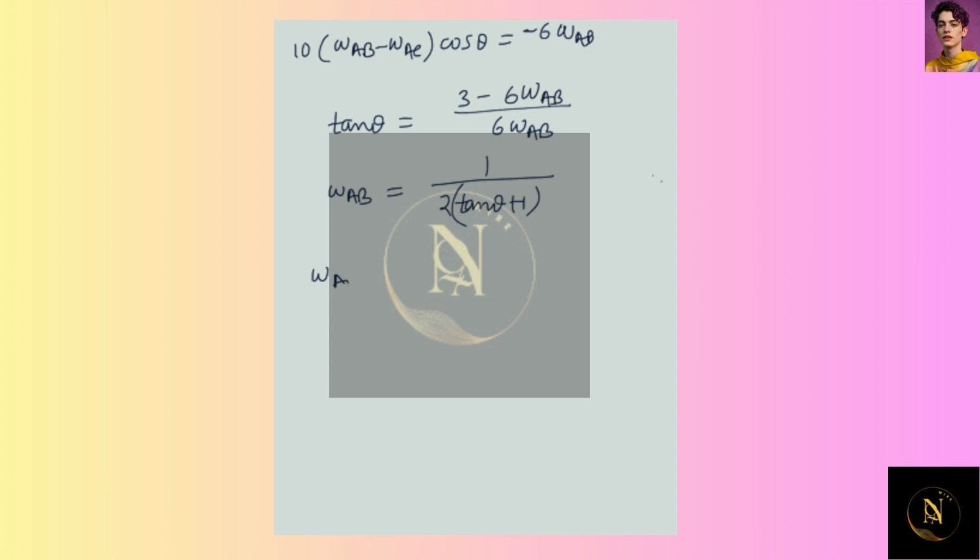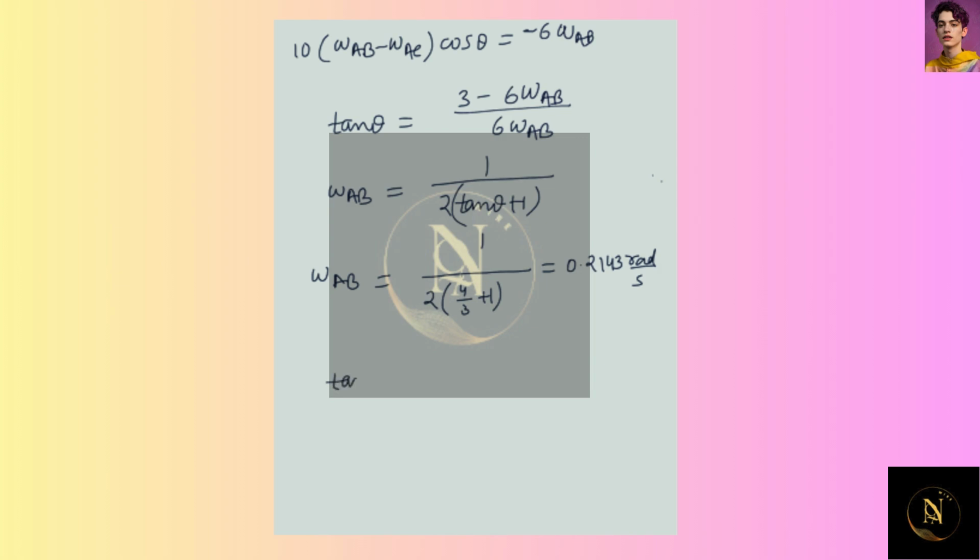So substituting the value of tan theta, that is 4 by 3, omega_AB comes out to be 1 by 2 multiplied by (4 by 3 plus 1). So from here omega_AB comes out to be 0.2143 radian per second.